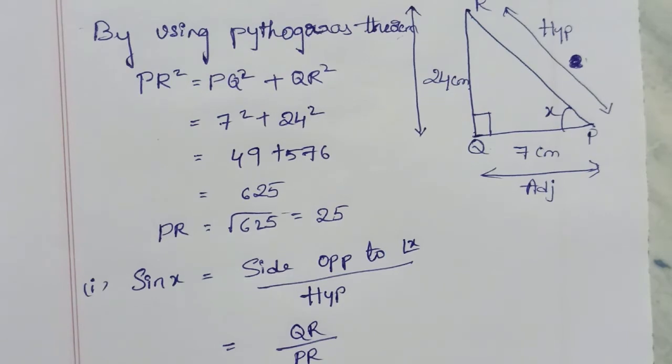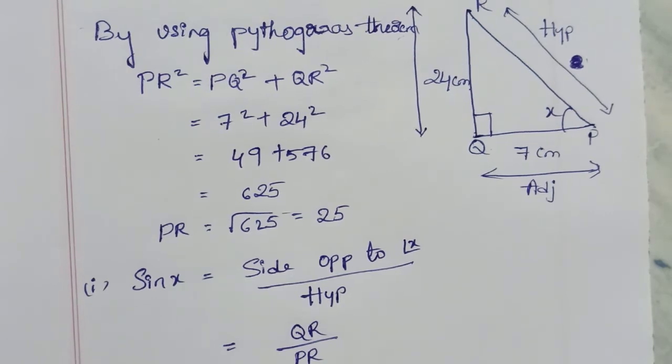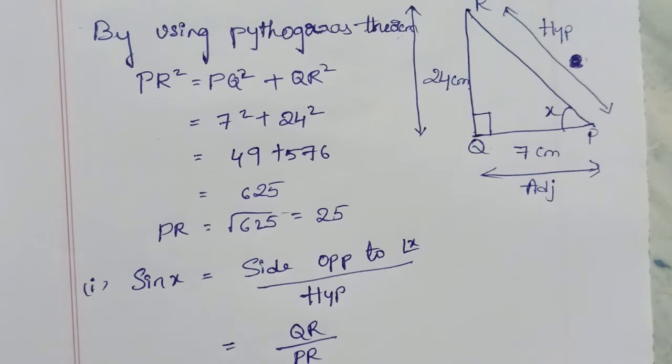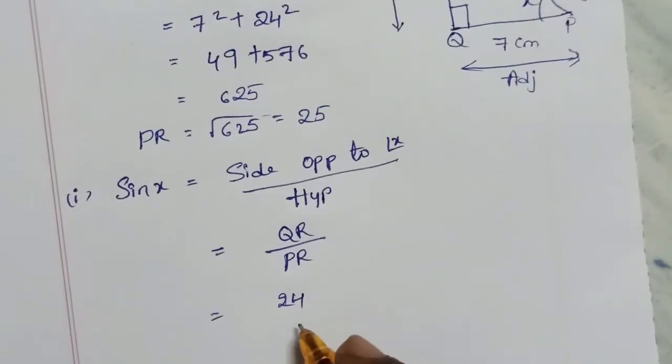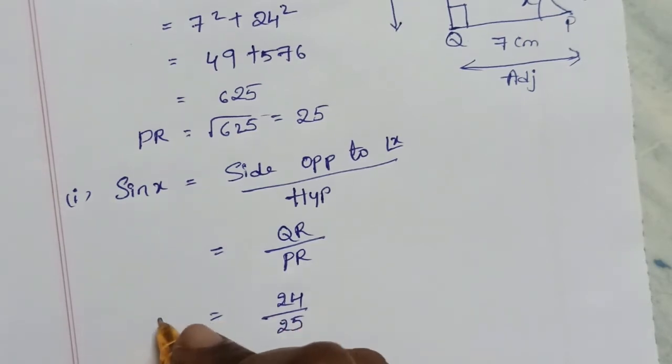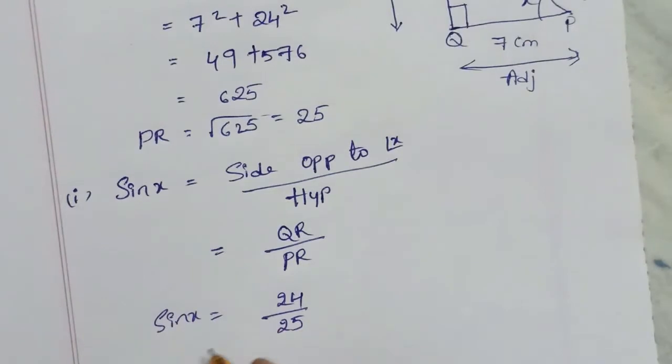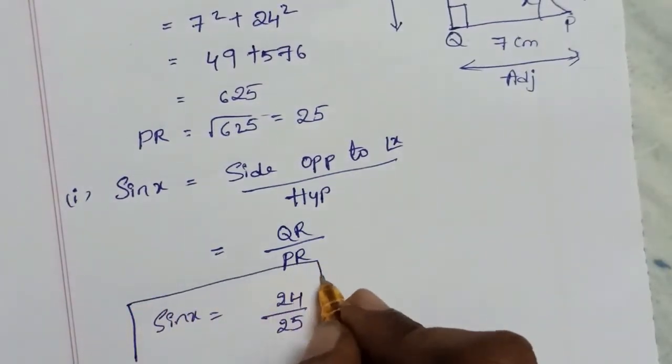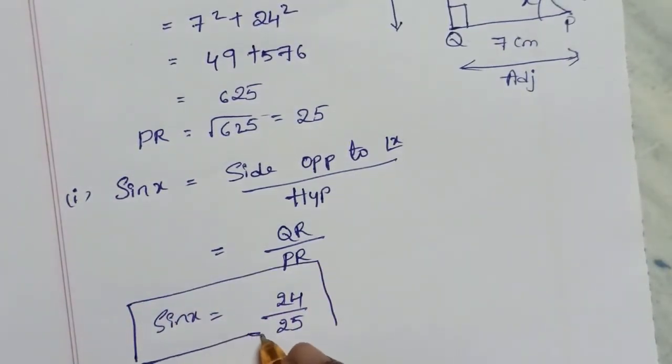QR length is 24 centimeters and PR length is 25 centimeters. Therefore sin x is equal to 24 by 25.